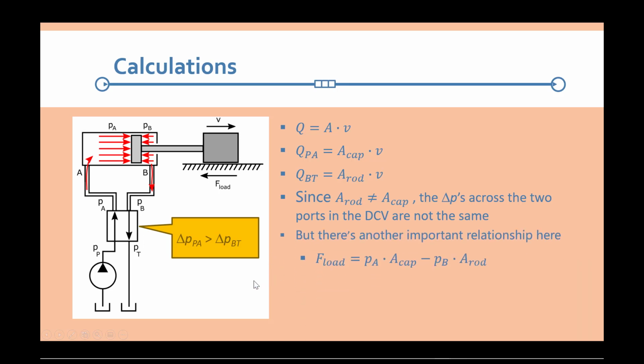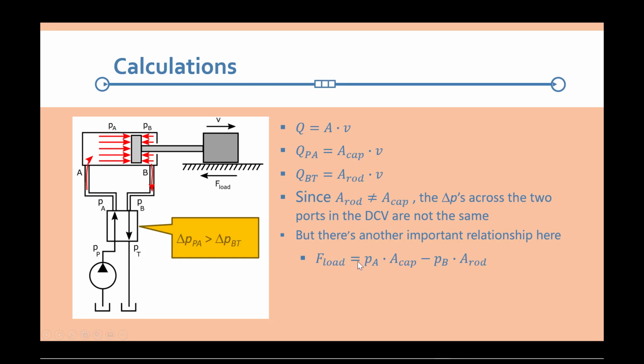But then we have another important relationship that we need to consider, namely the load force. We specified a constant load force also, and that load force is related to these pressures. We get the pressures on both sides of the cylinder, use the respective areas, and we can calculate what F load is going to be.